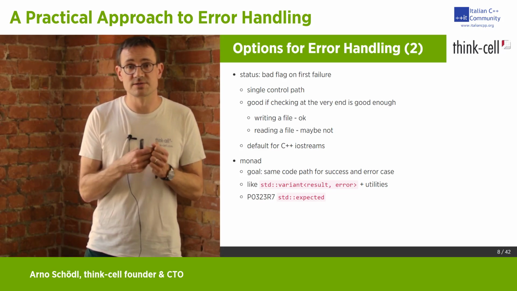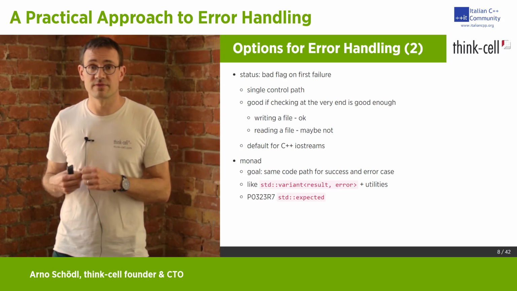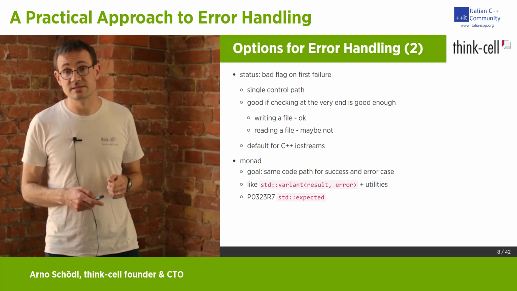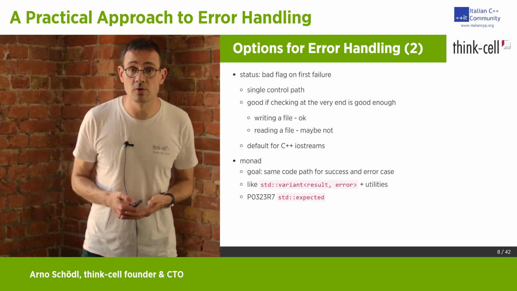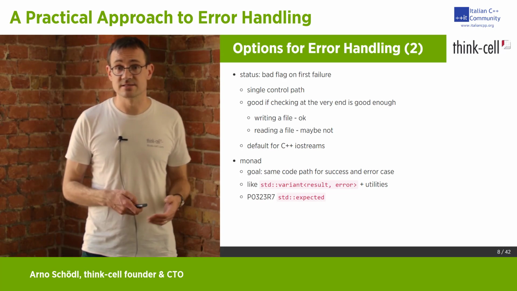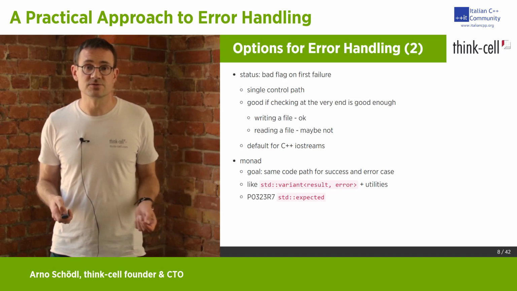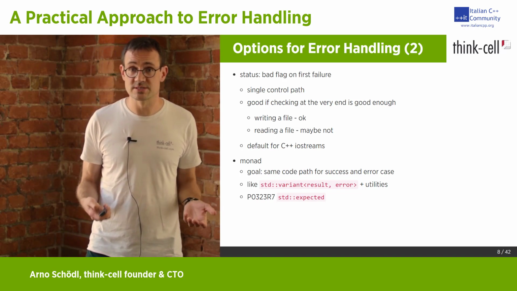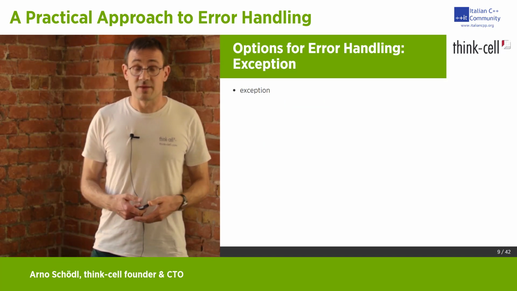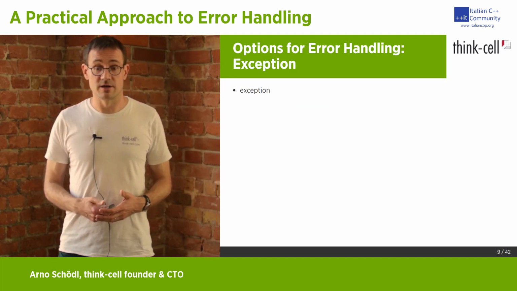So there you also have this advantage of having a single code path, both for the error and for the results. There was actually in C++20 a proposal to add this as a library feature, as std::expected. They didn't end up voting it into the standard, but that proposal is still there, so we'll see where it goes.